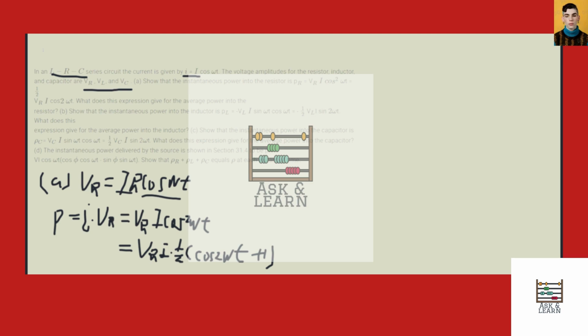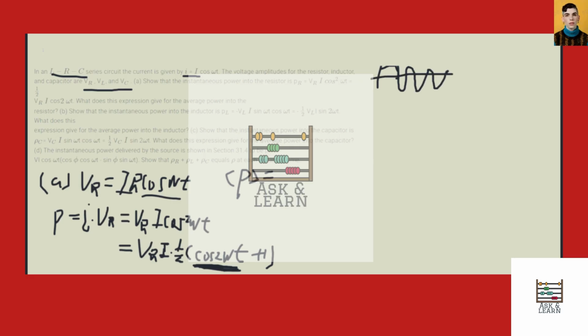Okay, and then if you try to do the average over time, you'll see that the average of the first term over time is actually 0, because this is oscillating and the mean value is 0. So the average is 0.